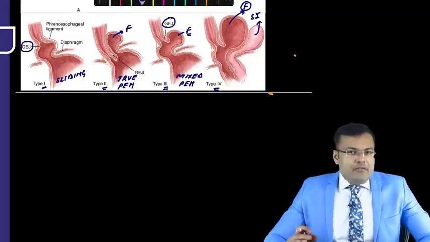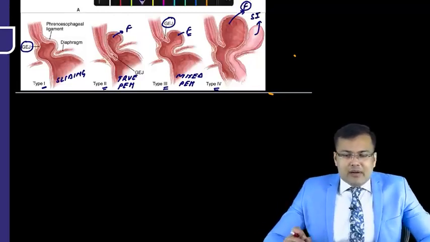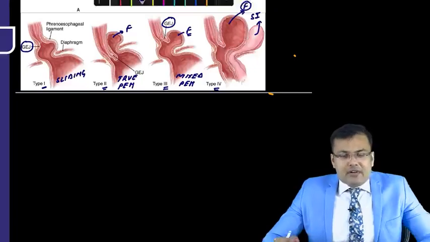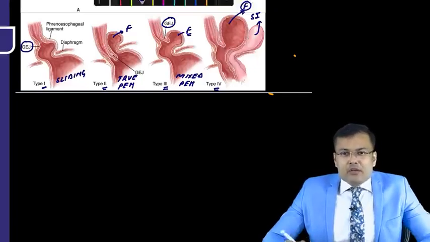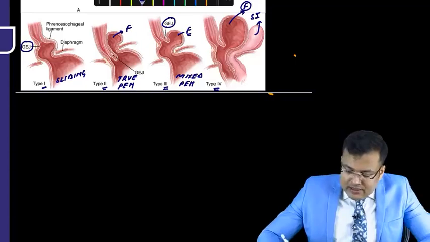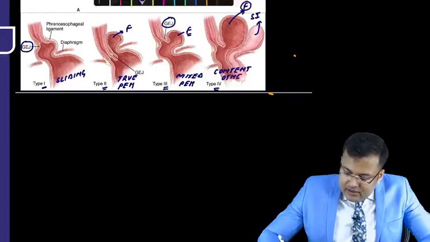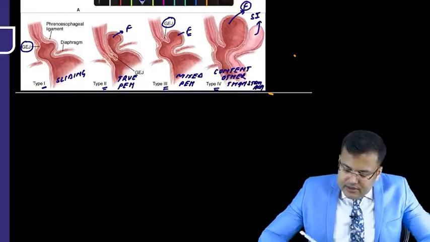So type 4 means herniation of content other than the stomach, other than the stomach. Clear? This is type 4.